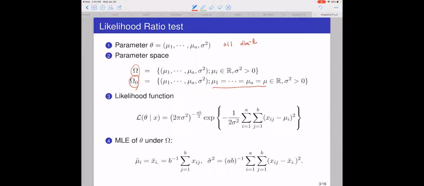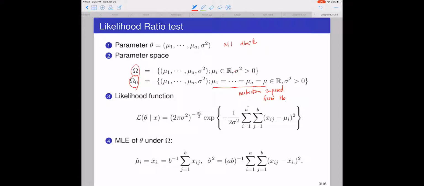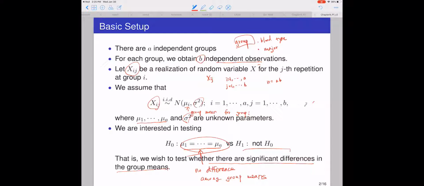So this is the restriction imposed from the null hypothesis. Because the null hypothesis is equal means, that's why we have this restriction imposed in omega null. So the likelihood function itself is of this form under this normality model assumption.